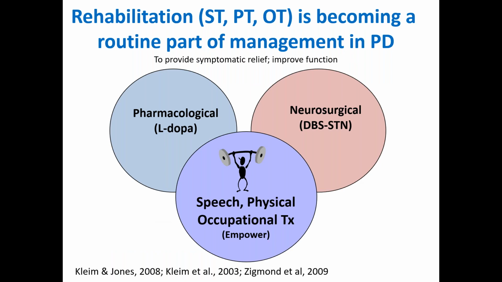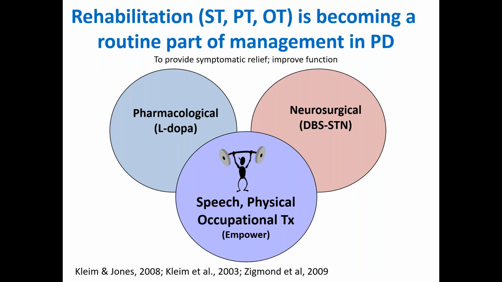And this is just another way to look at what we were talking about on the previous slide. Rehabilitation, the combination or any of these speech, physical, or occupational therapy, is really becoming a routine part of management in Parkinson's. And that's really a dream of ours, that when a client is first diagnosed with Parkinson's, we of course want to see them on the best medical routine and regimen that they can get on, whether that is the medications in combination with the surgery or some type of combination there.